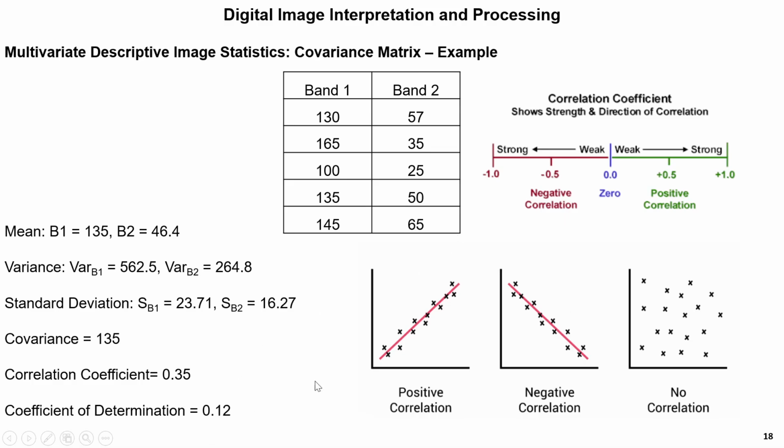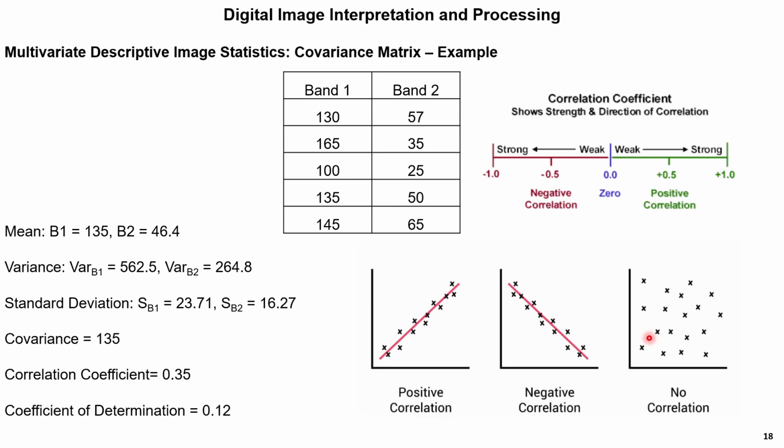So you can see from here, this is for the correlation coefficient. If it is 0, then we cannot say anything about the data. But if it is -1, we can say it has a negative correlation.